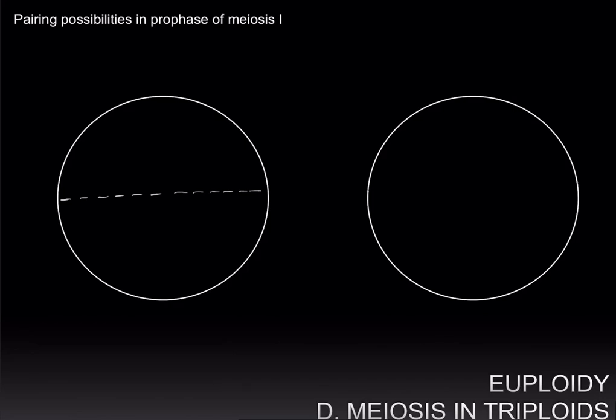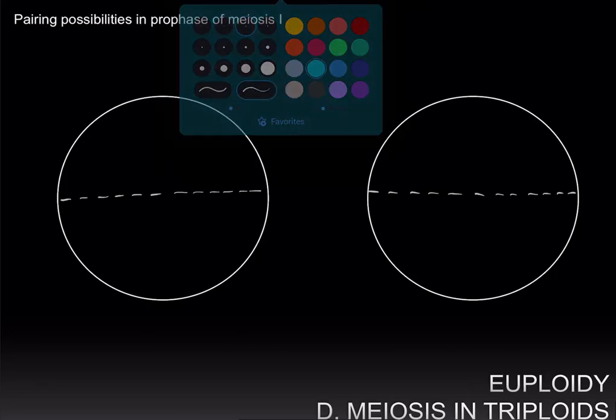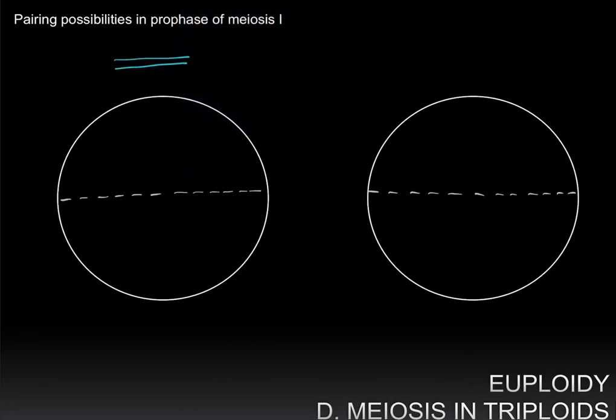There are two possible ways that 3 chromosomes, in this case they would be dyads, you would have 3 pairs of sister chromatids, and there's 2 different ways that they could pair up or synapse.